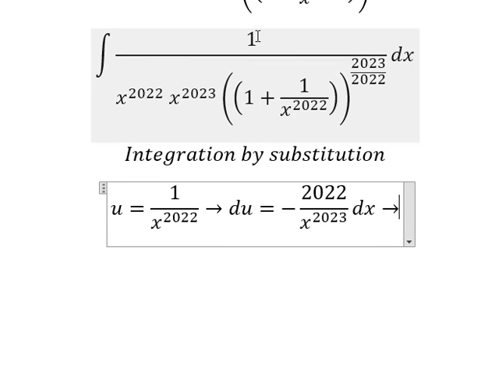Because we don't have negative 2022 on numerator, so we need to divide both sides by negative 2022.